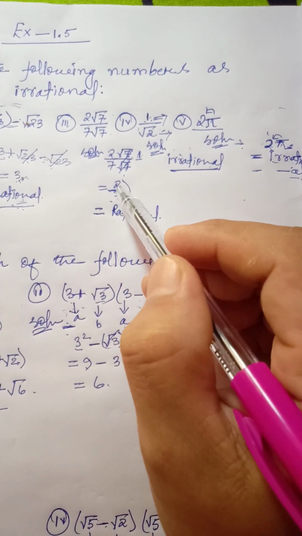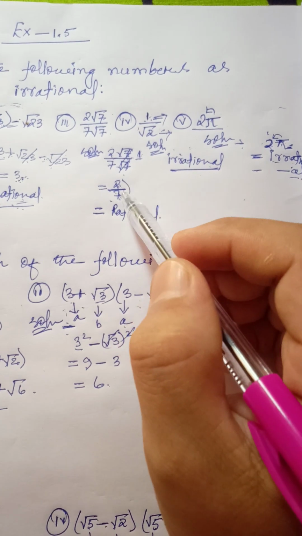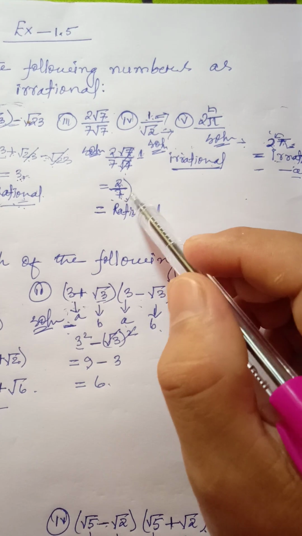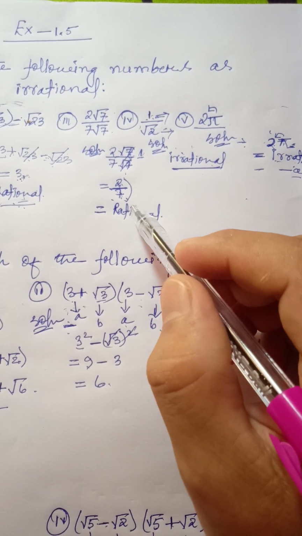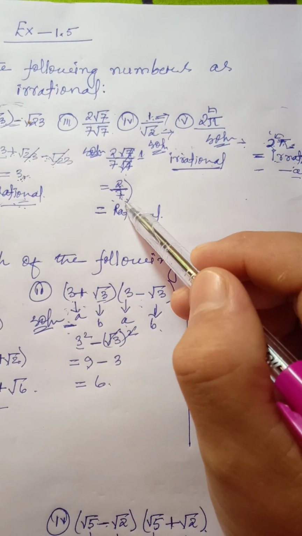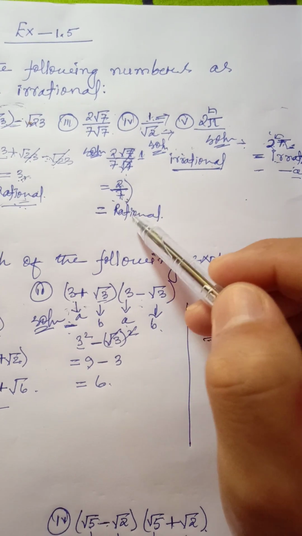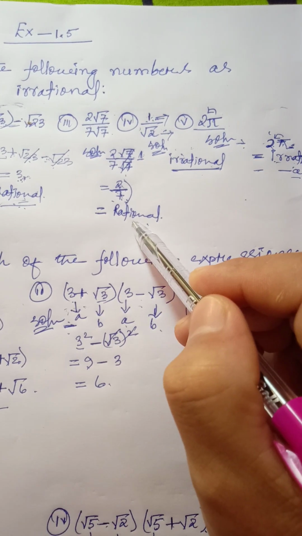So 2 by 7. If you divide 2 by 7, you will get decimal expansions that are non-terminating, repeating, or recurring. This kind of decimal expansion falls under the term rational number. Thus 2 by 7 is a rational number.